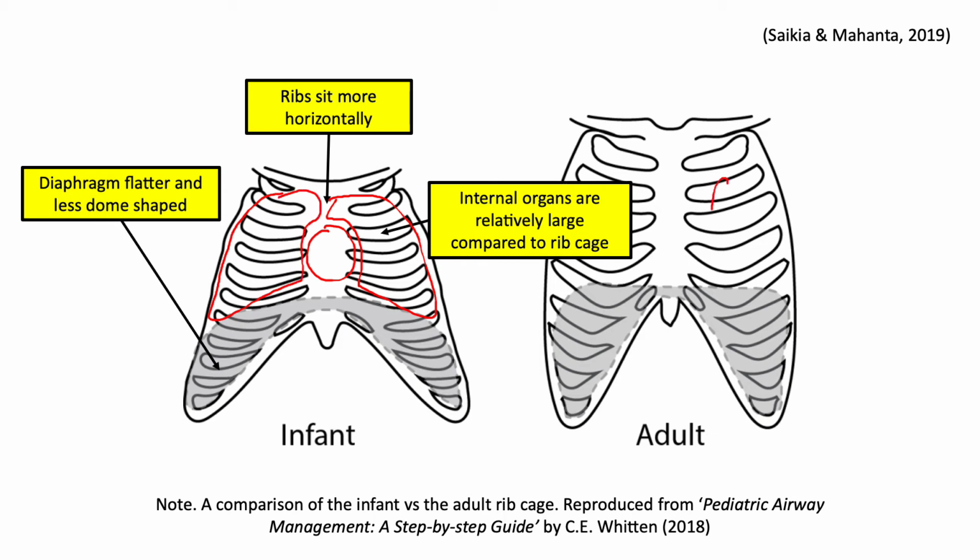Whereas I guess in an adult patient, the organs sit a lot more loosely. These are exaggerated diagrams. So unlike an adult, those lungs and organs are really squished in there. And this tight space really limits the lung from being able to expand too much during inspiration.